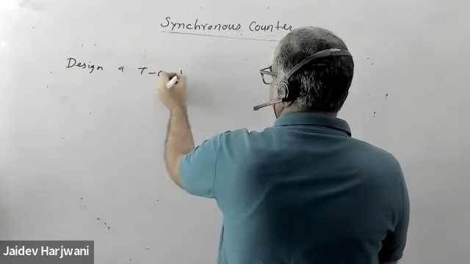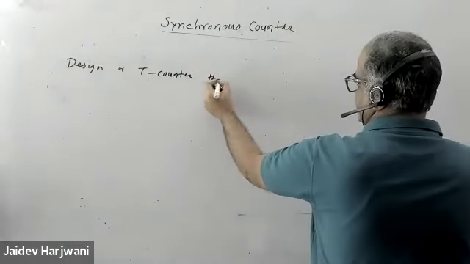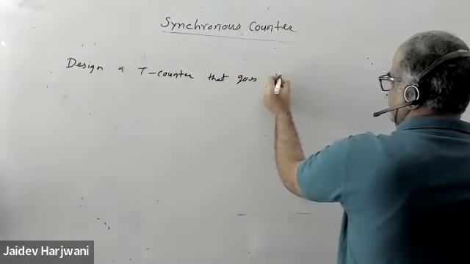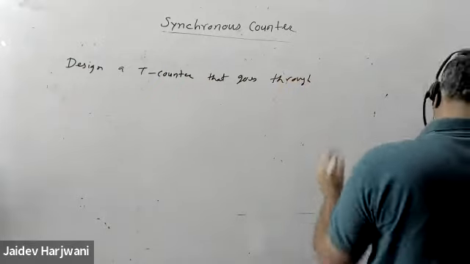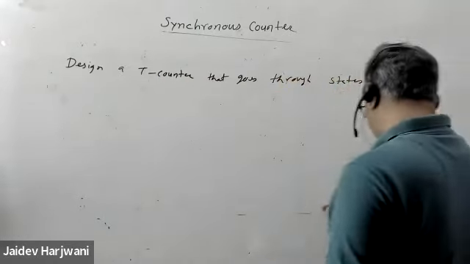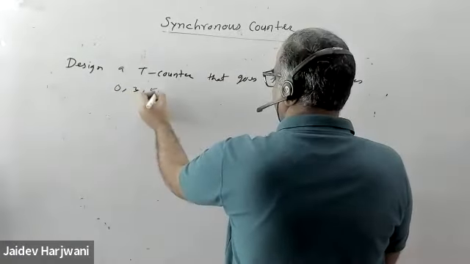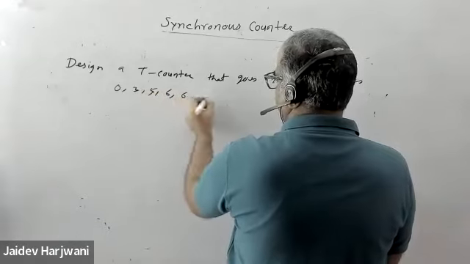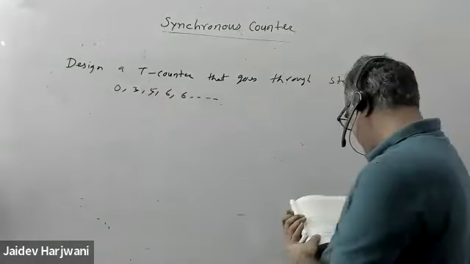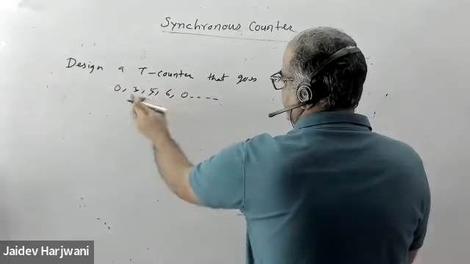T counter means made of T flip-flop, that goes through states 0 3 5 6 0, and then it repeats. After 6 again comes 0, so 6 0, then 3 5 6.